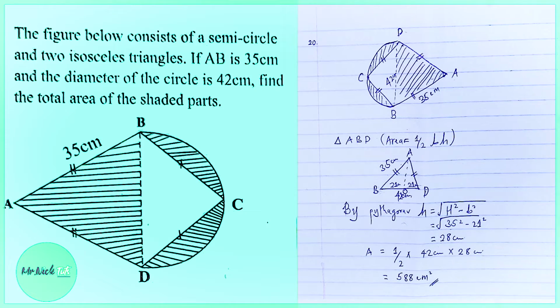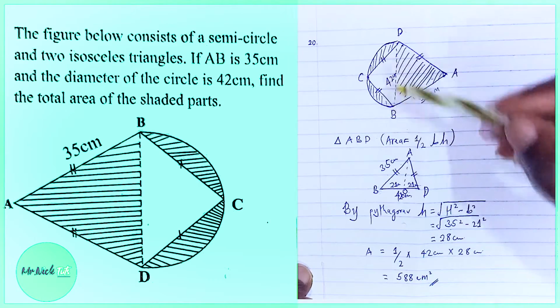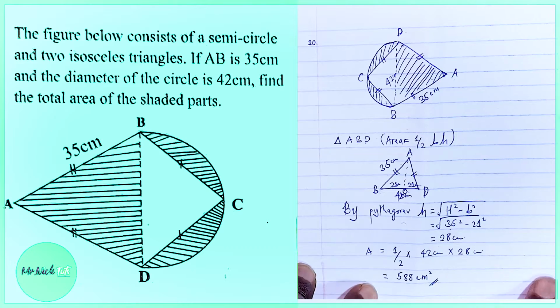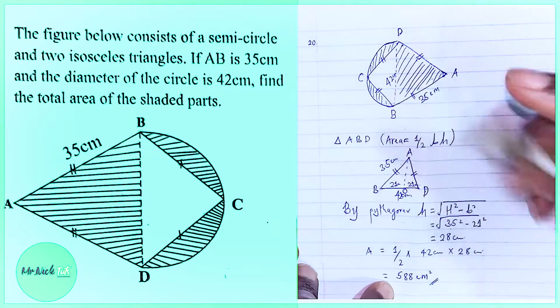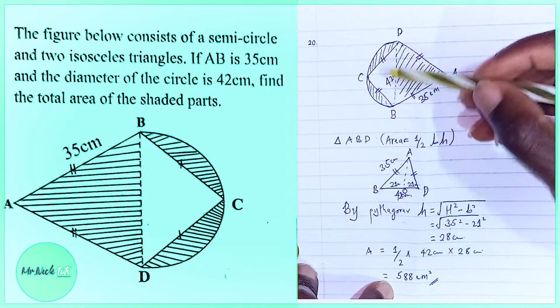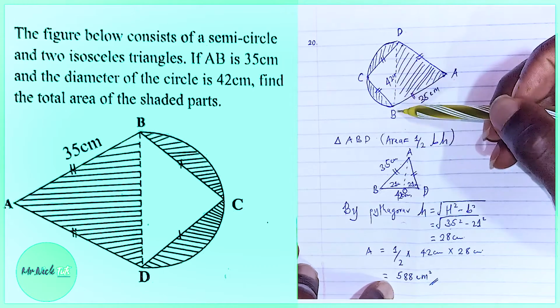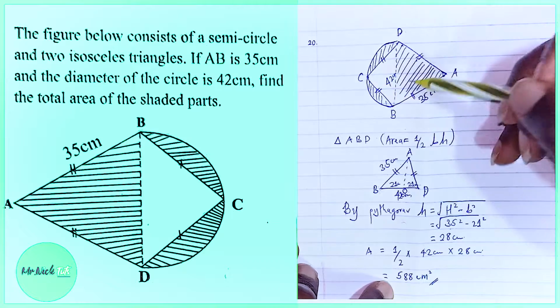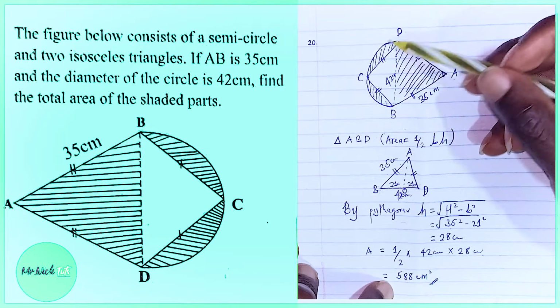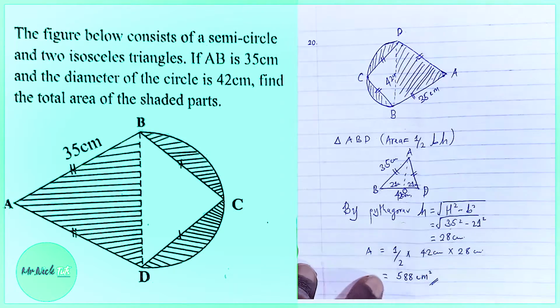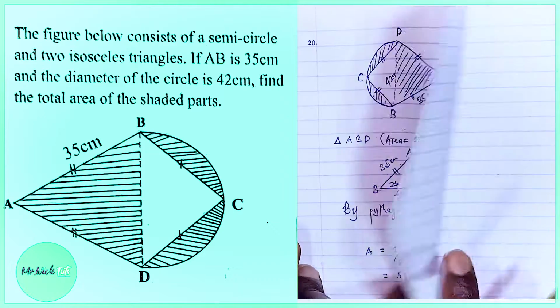But note, this is not the only area in this figure that is shaded. We also have these two sides of the semicircle shaded. So for us to find the area of these other shaded regions within the semicircle, we'll find the area of the isosceles triangle BCD, and we also find the area of the semicircle and get the difference of that to get the area of the other part of the semicircle.